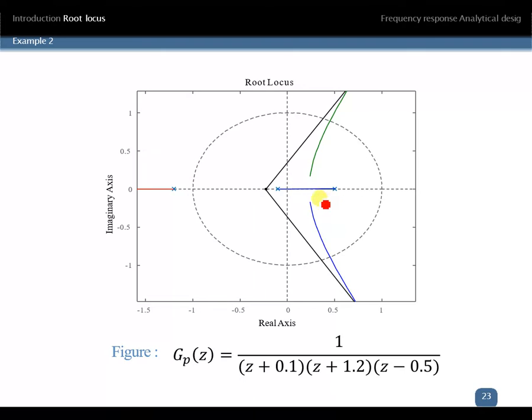If you consider these two poles close together, they will break, and one of them goes up, one of them goes down, and the one at 180 degrees will go here. This circle is the unit circle in the z domain.